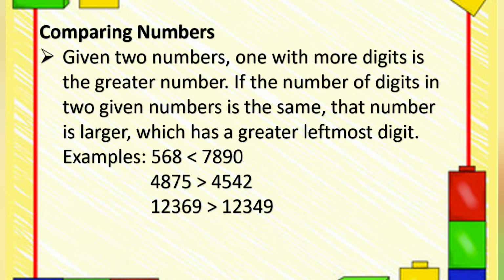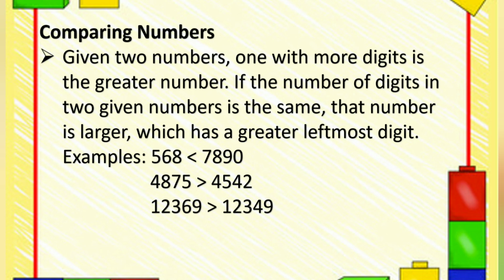Now 568 is a 3-digit number and 7890 is a 4-digit number. So 568 is less than 7890.